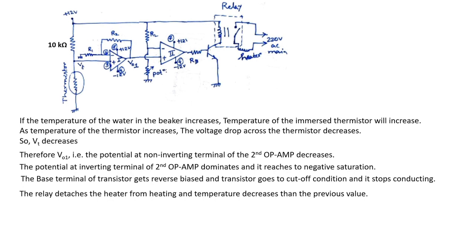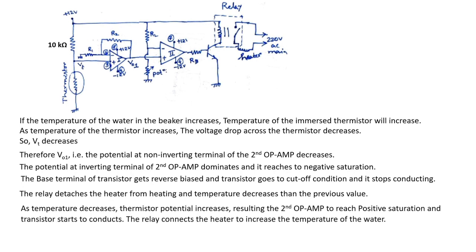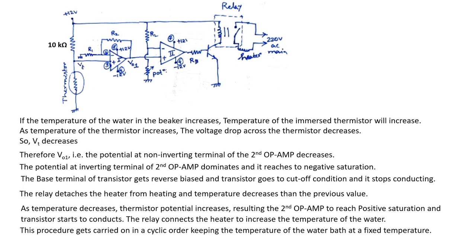As the temperature decreases, the thermistor potential increases, resulting in the second op-amp reaching positive saturation and the transistor starts to conduct. The relay connects the heater to increase the temperature of the water. This procedure carries on in a cyclic order, keeping the temperature of the water bath at a fixed temperature.